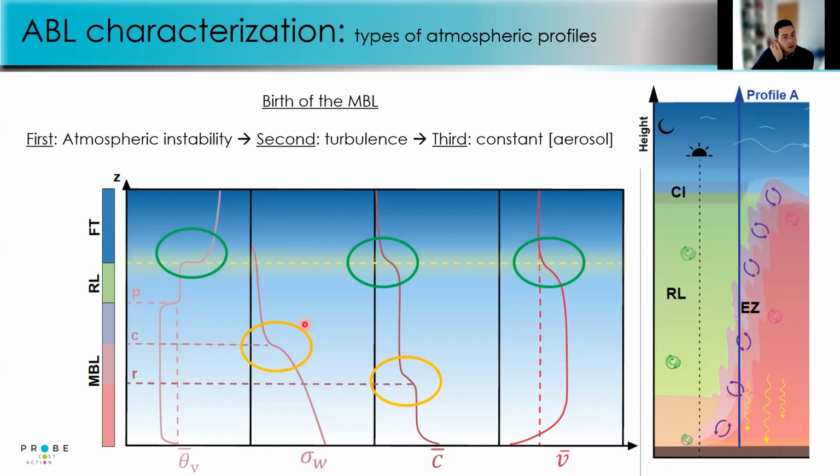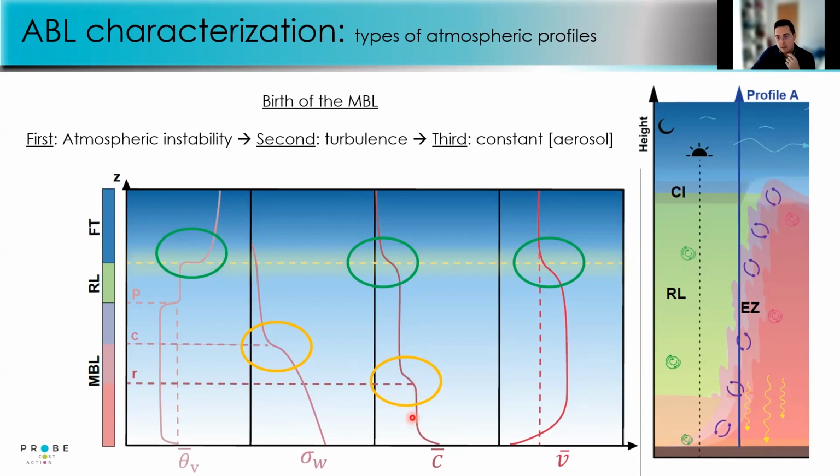The instability causes turbulence. Watching the standard deviation of the vertical wind speed as a fingerprint of the turbulence, here is where we see the convection right in this moment. So exactly up to this height is where we have this turbulence. So it's like exactly the current situation of the convection. Then we jump to the aerosol concentration. The turbulence causes this mixture of the aerosol, so it is a matter of time that this aerosol mixing becomes homogeneous.